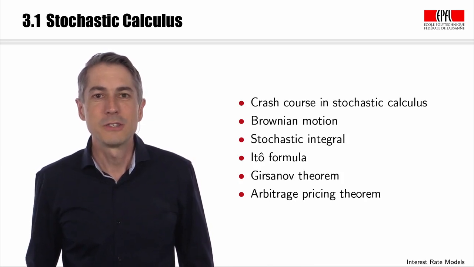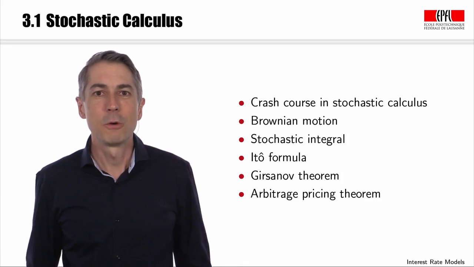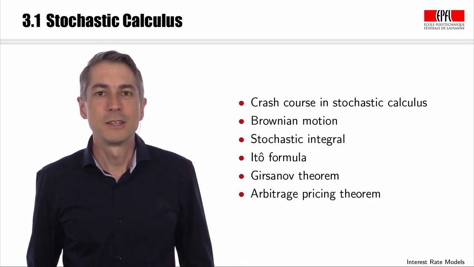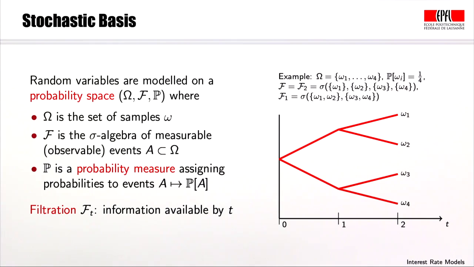But the good news is, once you acquire the rules of stochastic calculus, you can engineer any of the following interest rate models. I will also, in this part, give you the basics for pricing options, namely the arbitrage pricing theorem. We always fix a stochastic basis.